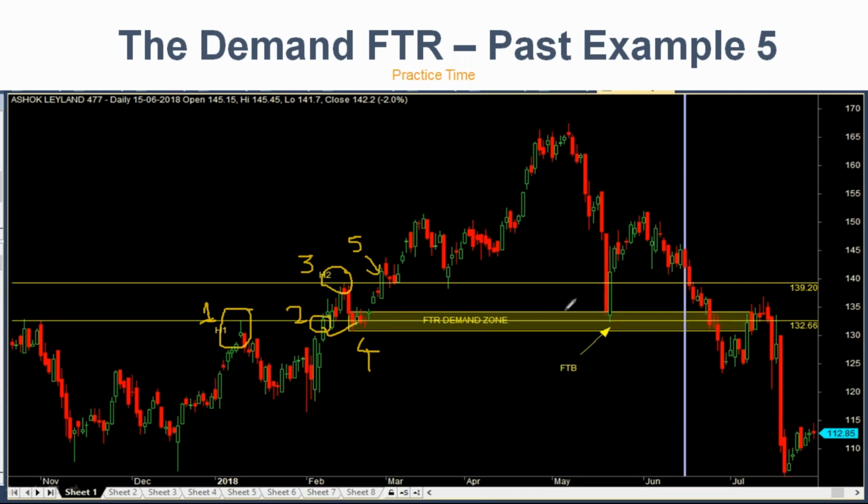And remember why this is a beautiful zone. Can you guys tell me why this kind of zone is amazingly good for trading? Why is this trade a very nice trade? This trade is amazing because after the base formation, there was a gap up.